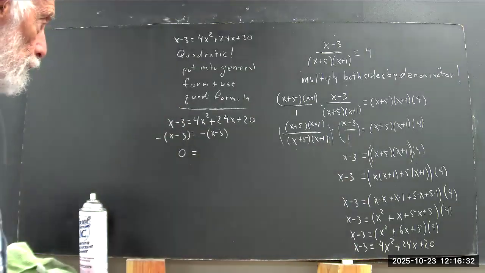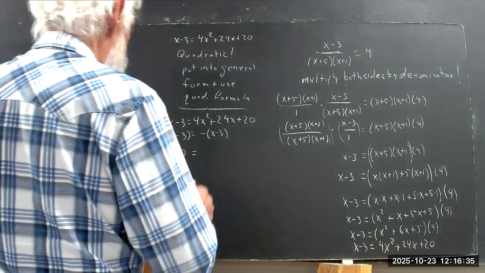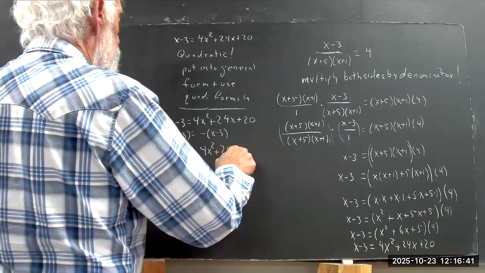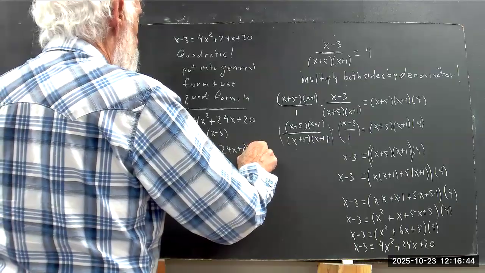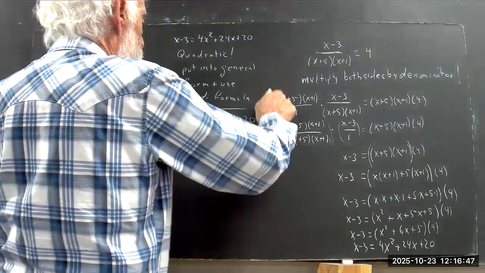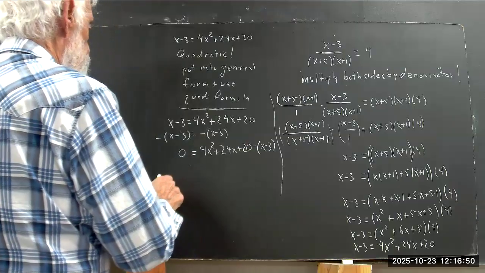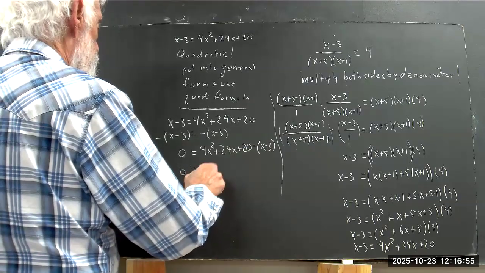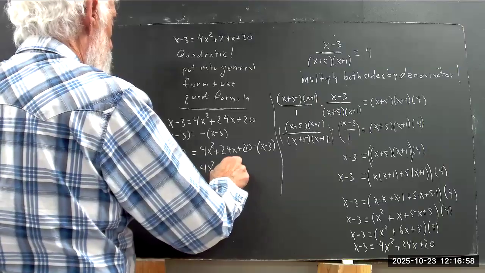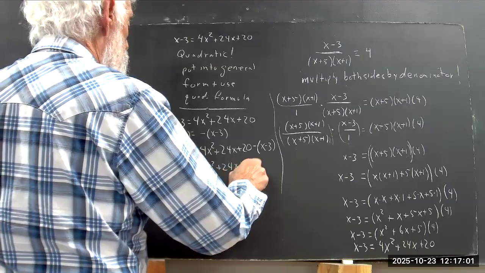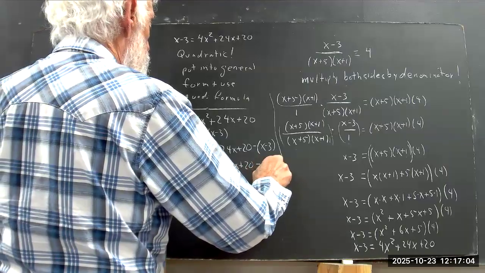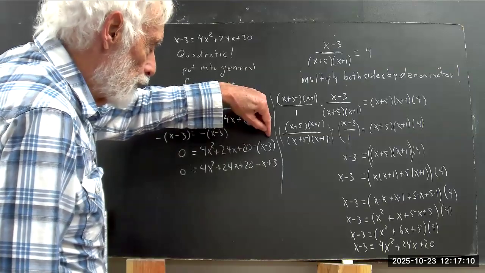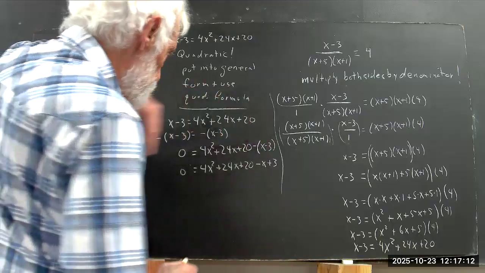You have to have equal 0 before you can use the quadratic formula. So that gives us 4x squared plus 24x plus 20 minus the quantity x minus 3. Negative of x minus 3 is minus x minus negative 3, which is minus x plus 3.